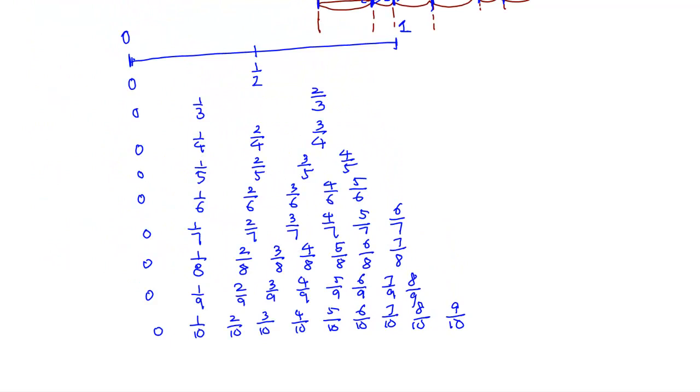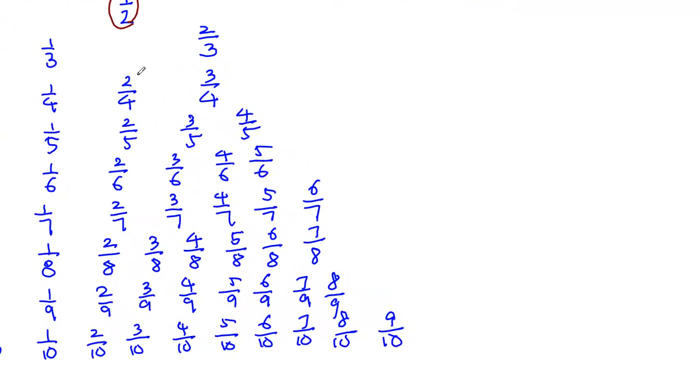Now we count the bars. The first is 0. When you have 1/2, which numbers have the same bars? 2/4, okay, 2/4 is out. 3/6 is out. 4/8 is out. 5/10, they are all 1/2, right?